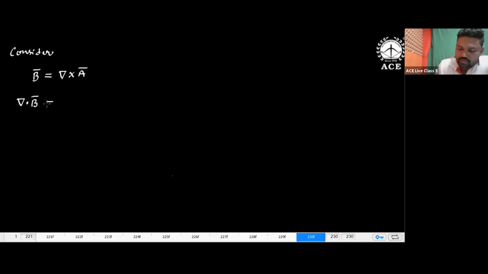Divergence of B is equal to divergence of del cross A. What is this, divergence of curl of a vector, beta? Divergence of a curl of a vector is nothing but 0, isn't it? So you are going to get divergence of B is equal to 0. Very interesting thing. If you compare this one with electrostatics, what did we have in electrostatics?